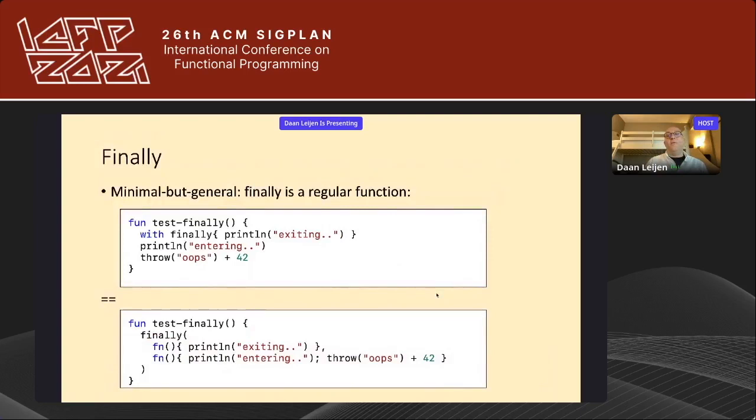And one nice thing that happens here when you deal with resources is you can write finally as a regular function. So you can write with finally, and the first argument of finally is what to do when you return from this scope. Well, in this case, you will print exiting. And then the next argument is like an anonymous lambda for what you want to do, the action.